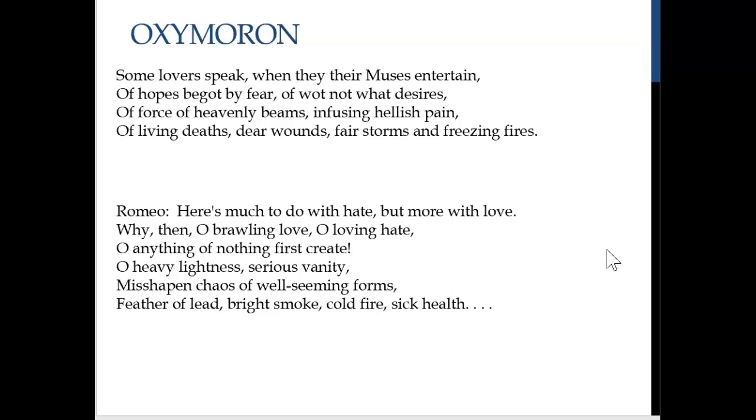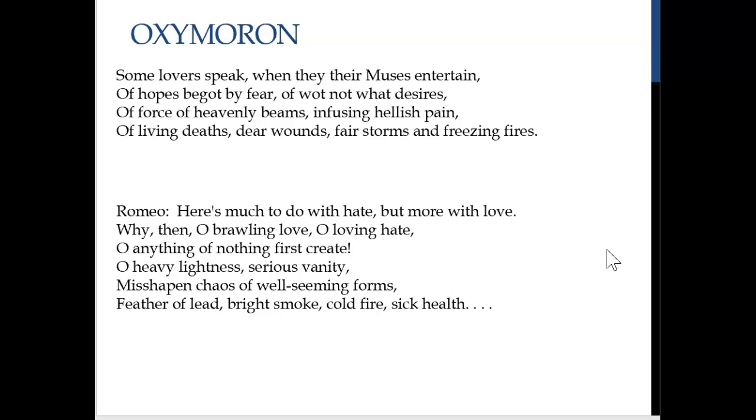Now, obviously, like any convention, it can be overdone. It becomes stale and kind of cliched. In Shakespeare's Romeo and Juliet, he makes fun of this oxymoron technique, and I just want to include it here because it gives you a sense of what a creative force like Shakespeare does with conventions. He doesn't ignore them.